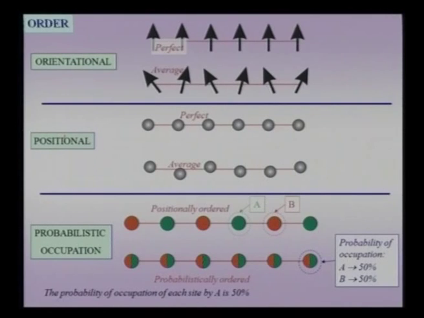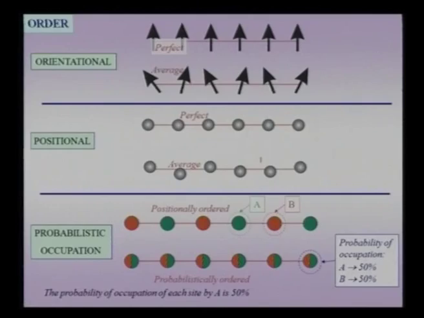The positional order similarly can be perfect, as you can see here, since these are spherical, or circular, entities, I do not have to talk about an orientational aspect to this kind of crystal. Now, in the average sense, you can see that some of these atoms or spheres or circles are not exactly sitting at the lattice point, they are somewhere around the lattice point, but they are within a certain region around the lattice point, so they are still ordered in the average sense.